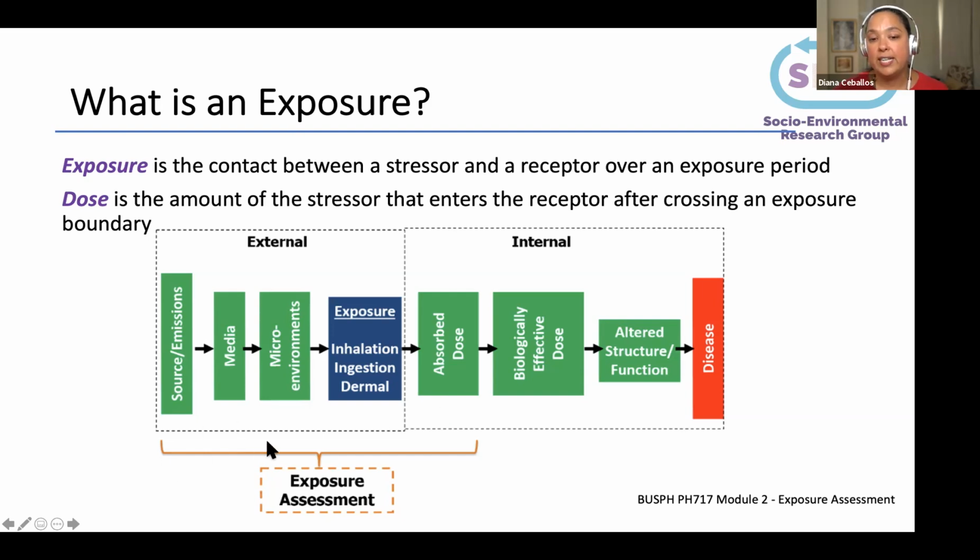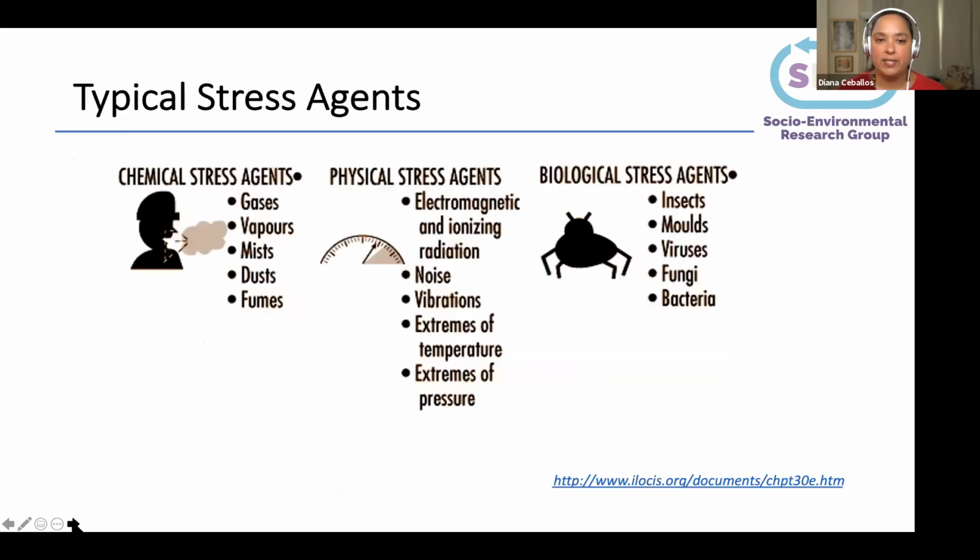And so exposure assessment looks at everything outside of the body and the absorbed dose in the body, all the way from sources and emissions to where these contaminants are, both media, for example, air or water, versus microenvironments. Is it the home or the workplace? And then it results in an exposure. And this measurement and understanding of all of these is exposure assessment.